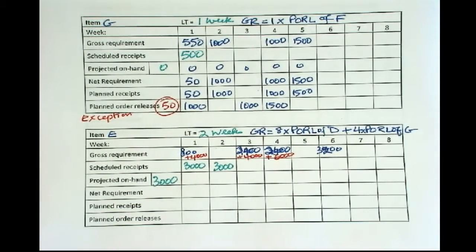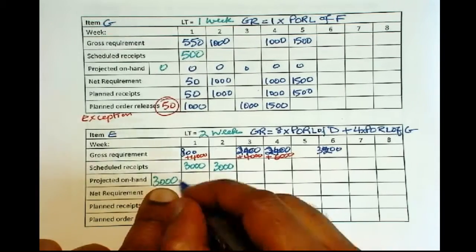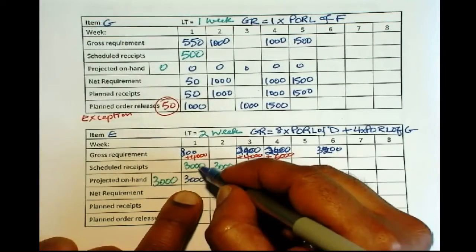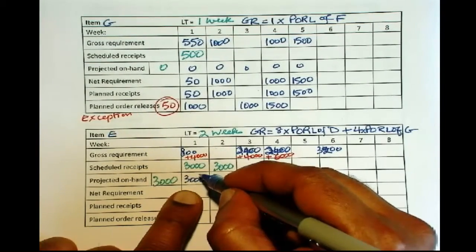Now we'll compute. So 3,000 available at the beginning. 3,000 plus 3,000 is 6,000. Take away 4,800.